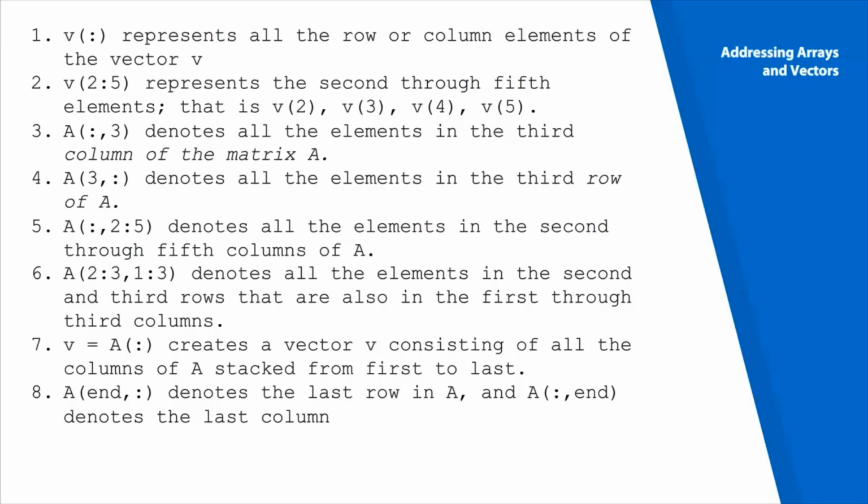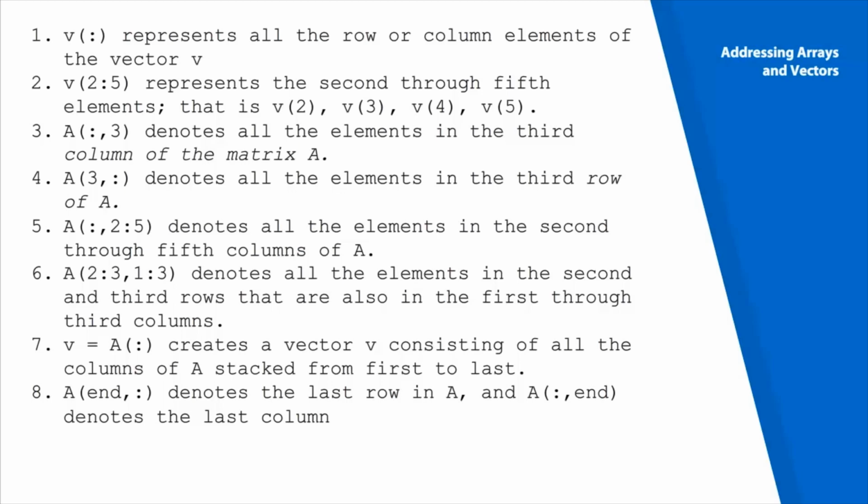Third, when we are addressing a matrix A, that is a matrix with multiple rows and multiple columns, and we address it with colon comma 3, it addresses all the elements in the third column of matrix A. Similar to this is 4, where we are addressing 3 comma colon, which addresses all the elements in the third row.